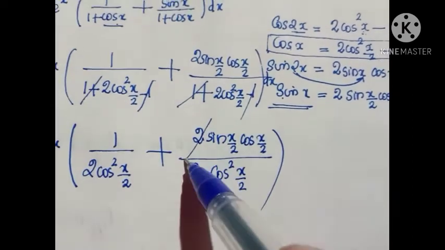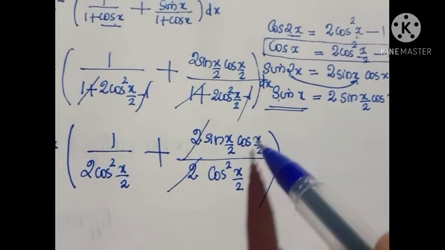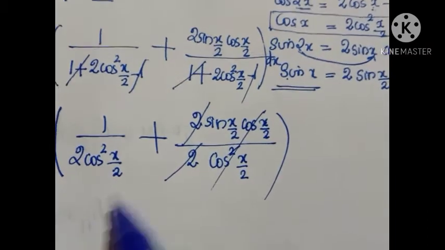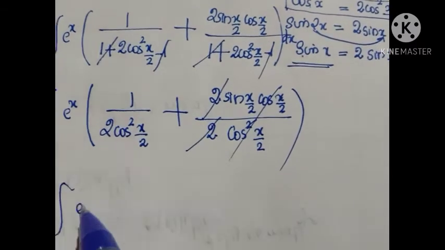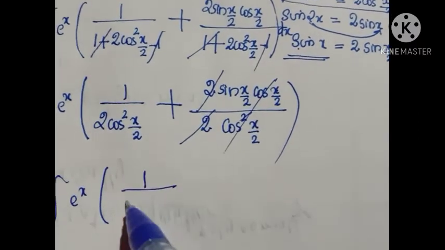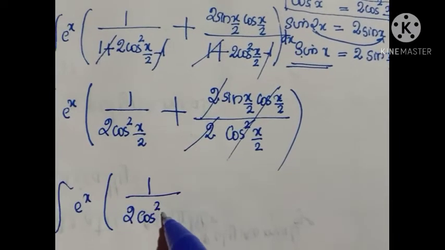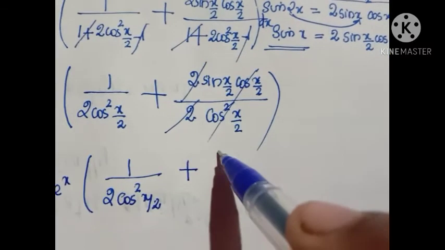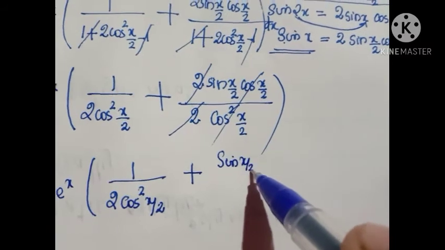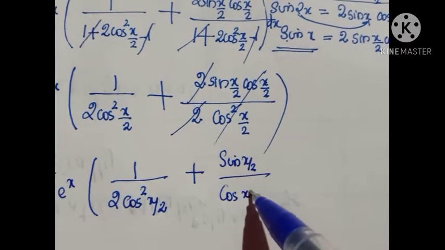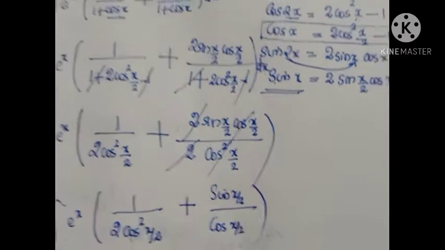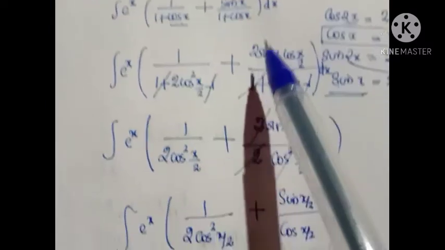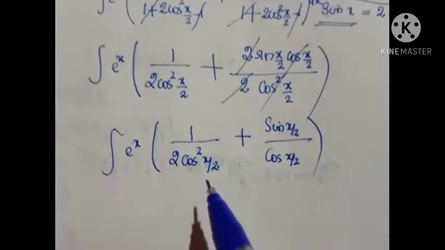Here we can cancel these two and cos x by 2 and 1 cos x by 2 from here. Okay. So remaining e raised to x into 1 by 2 cos square x by 2 plus, listen, sin x by 2 by cos x by 2. I hope it's clear to you. Okay. We changed cos x and sin x and simplification process is going on.